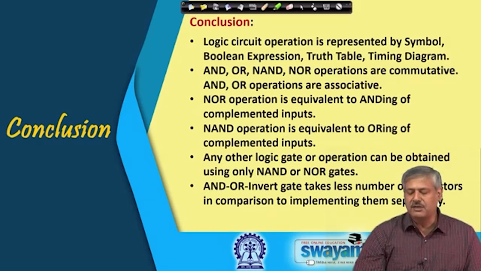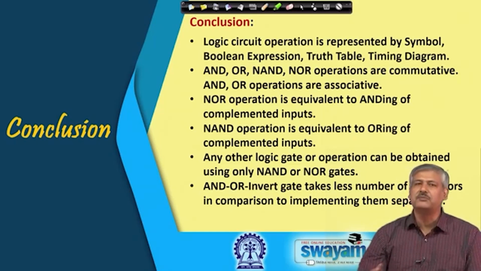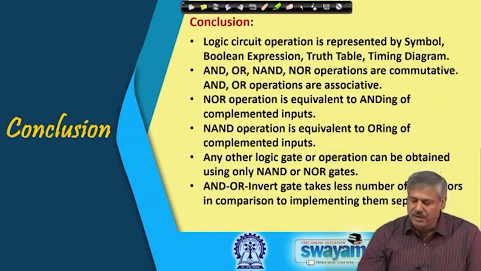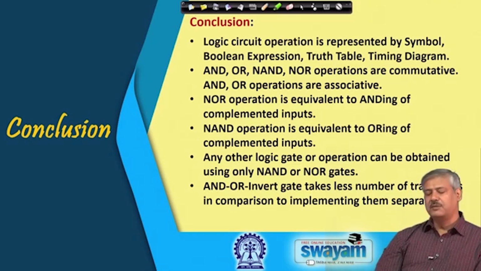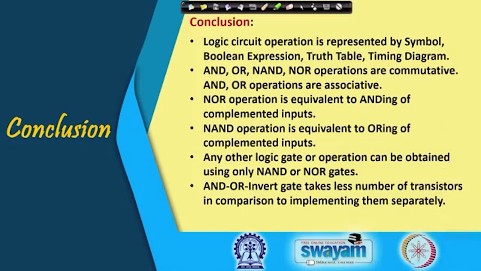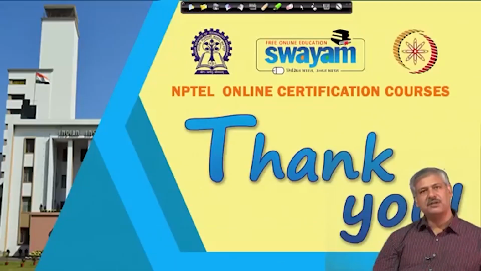NOR operation is equivalent to ANDing of complemented inputs, De Morgan's theorem, we have seen one version. NAND operation is equivalent to ORing of complemented inputs, another De Morgan's theorem. Any other logic gate or operation can be obtained using only NAND or NOR gates, which is the universality of these two gates. And the AND or invert gate takes a lesser number of transistors in comparison to implementing them separately, which is useful in many cases. Okay. Thank you.